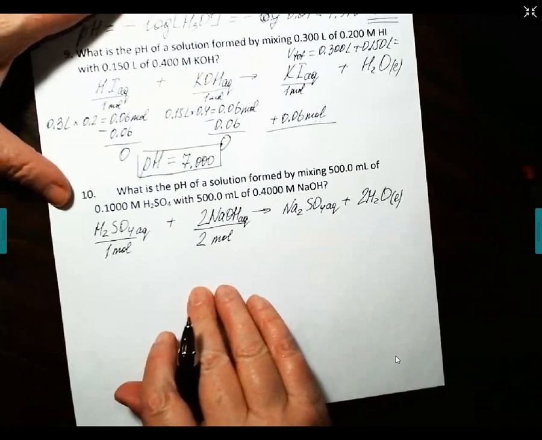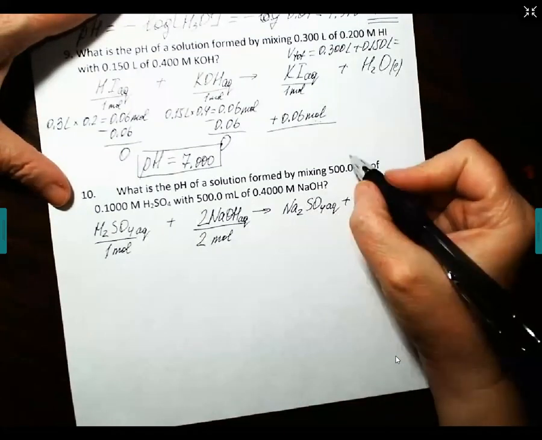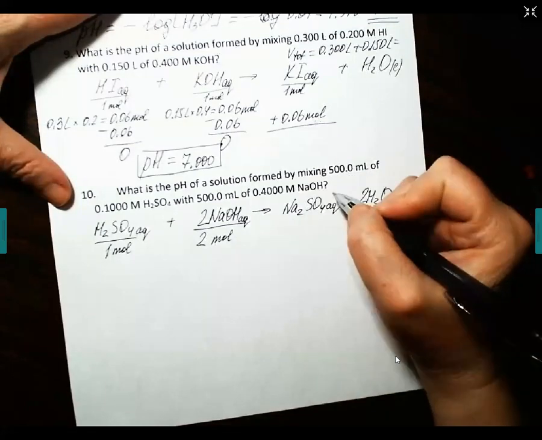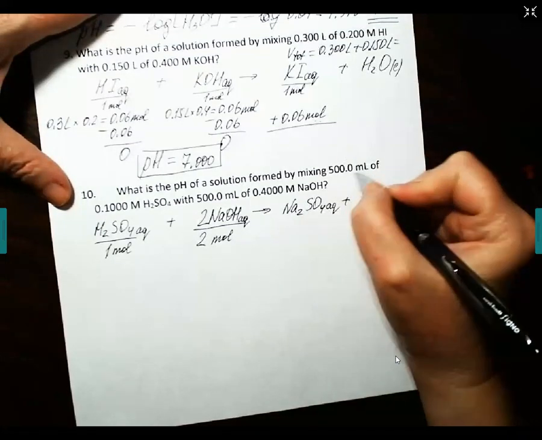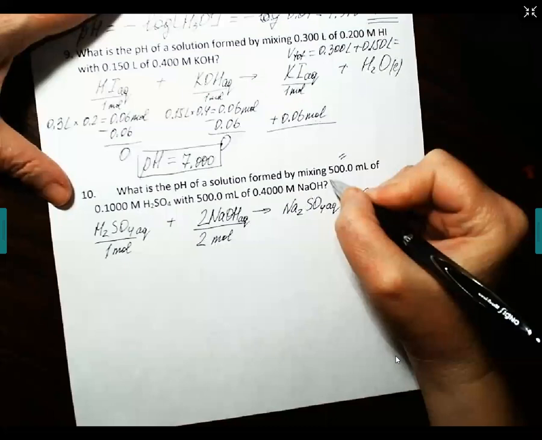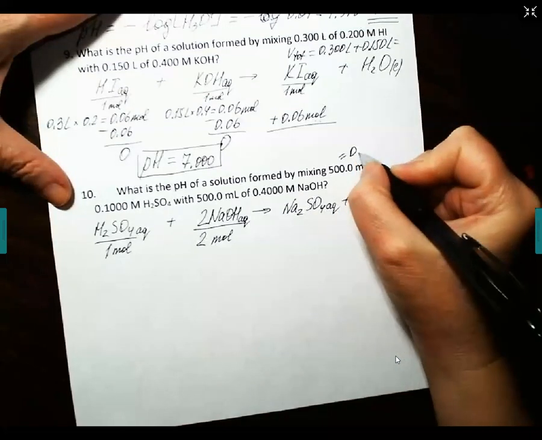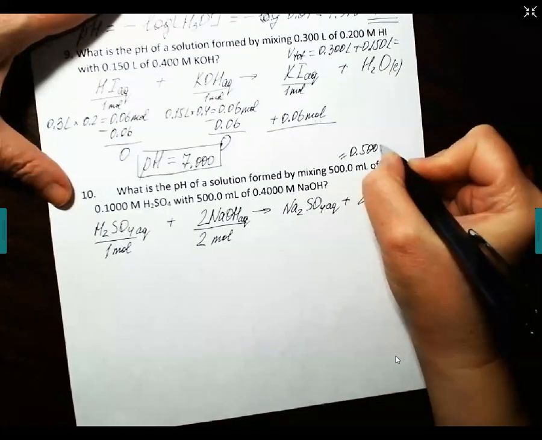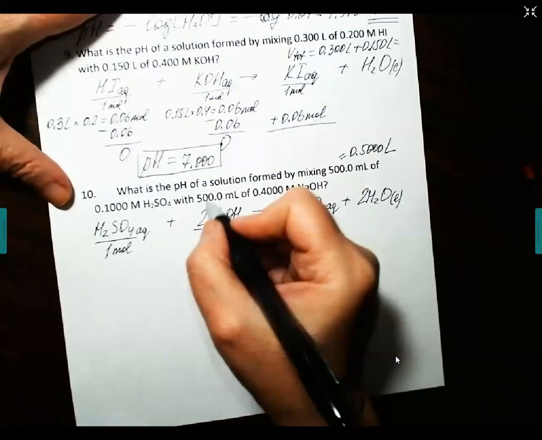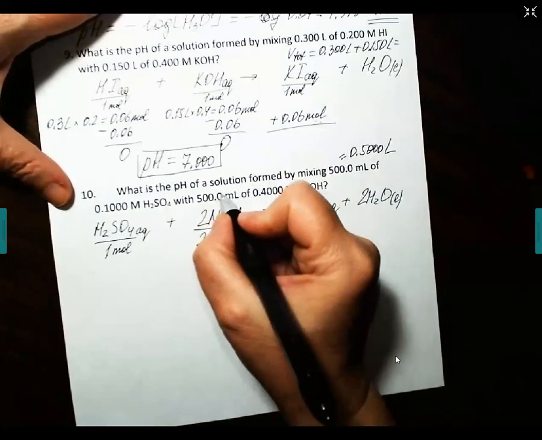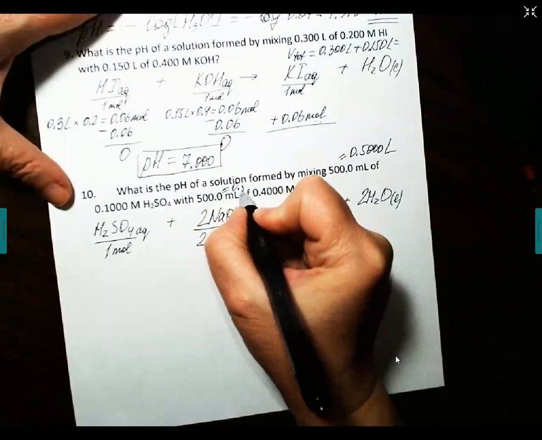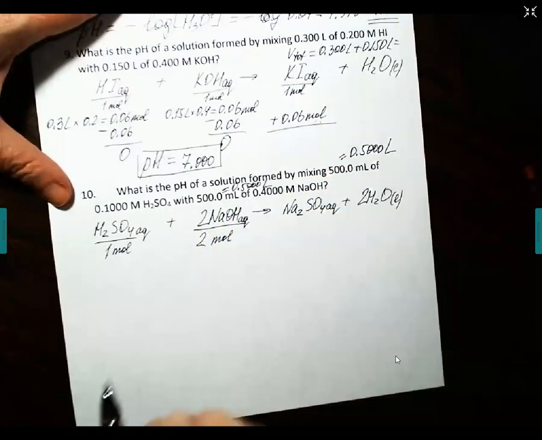Okay, let's calculate the number of moles of both reactants. First of all, let's convert milliliters into liters. So we know that 500 milliliters is 0.5 liters. The same here, 500 milliliters, 0.5 liters.